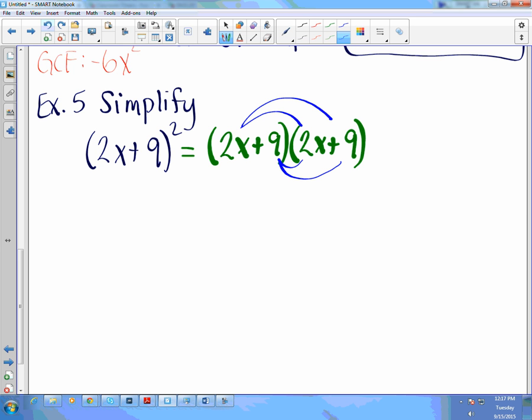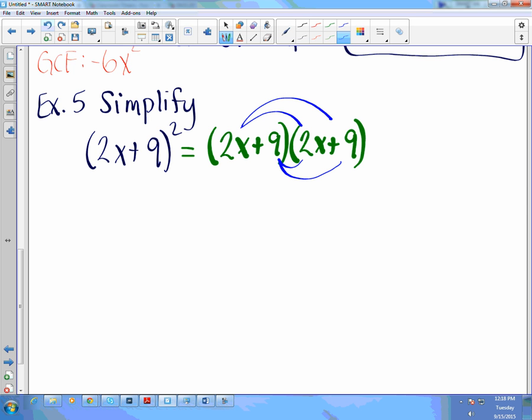Yes, good job. Yep, they're like terms, right? That's the first power. Now when you add, the exponent doesn't change, so 18x plus 18x is just 36x. When you multiply, the exponents change. When you add, the exponent stays the same.